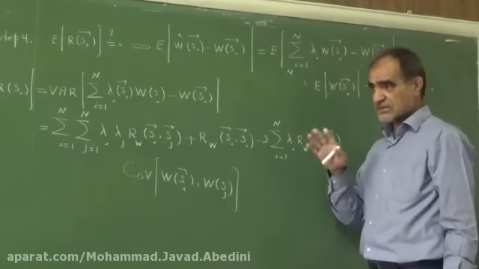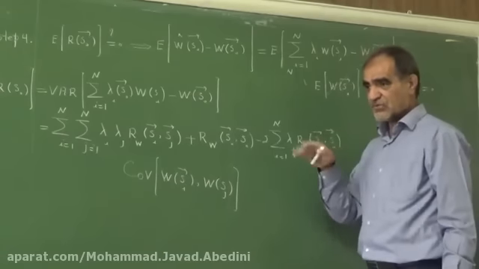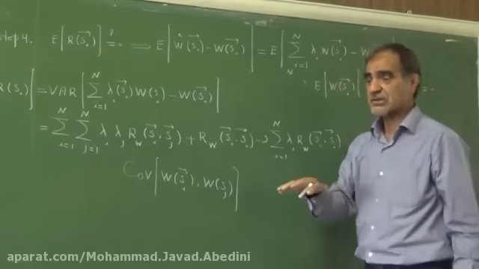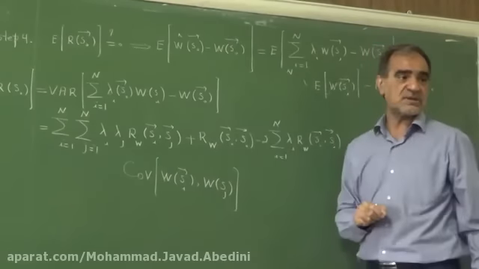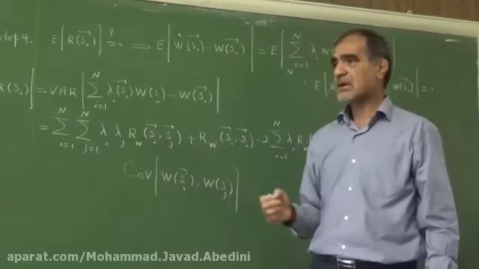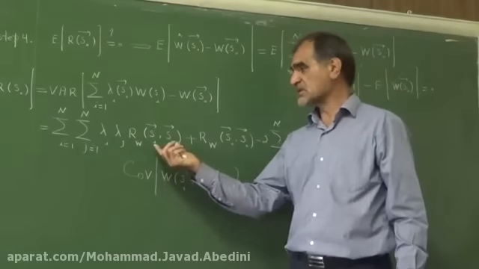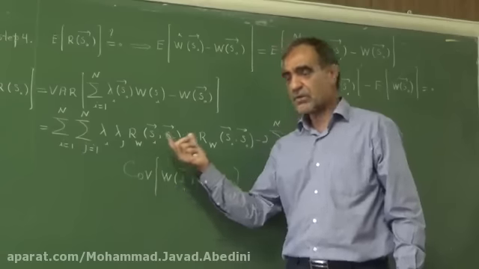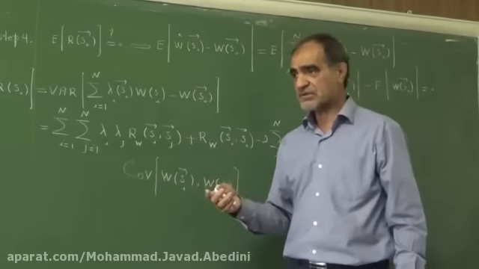It means that if your random function is anisotropic, then you can still use this equation. Because I did not limit myself to separation distance. Here my measure of similarity or measure of variability could be a function of separation vector.